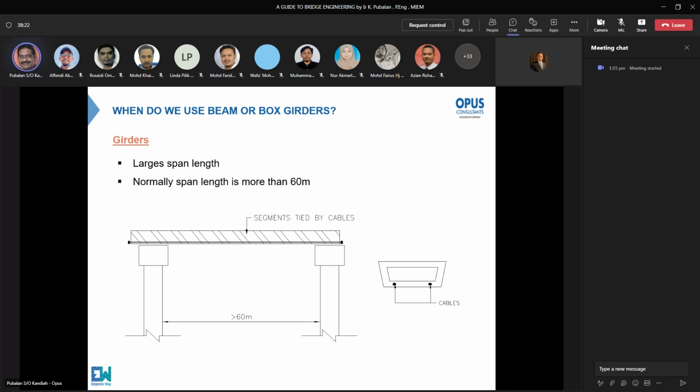So when you stress the cables, the segment will try to hog up. Of course, you can't see it with your naked eyes. You need a theodolite to check it. So it will tend to hog up. So once your load comes in, it will become deflection zero. All right. So that is how you decide whether you want to have beam or you want to have box girder.